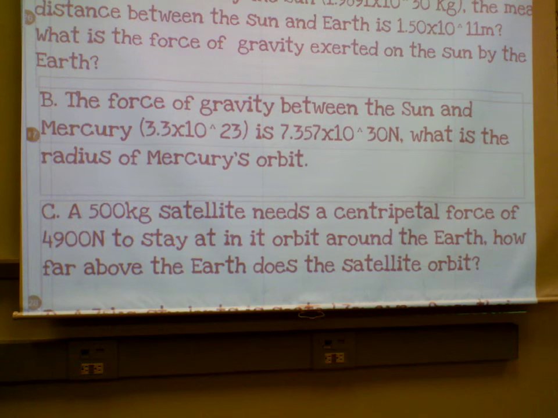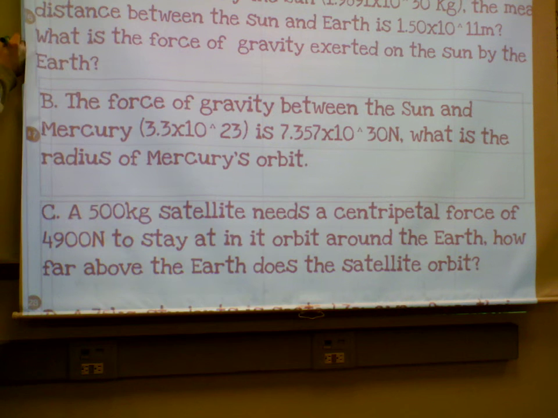So we're dealing with a very small mass now, right? A 500 kilogram mass. The Earth still has its mass. Anybody remember what it was? 5.9. For the mass of the Earth? Okay, good. You're right. 5.97 times 10 to the 24th kilograms.